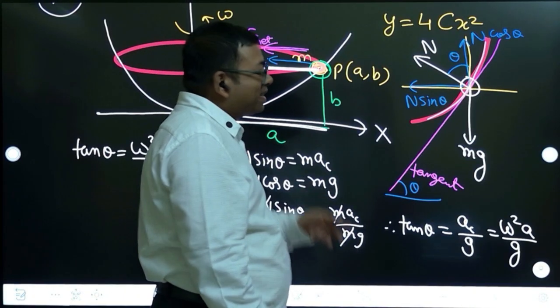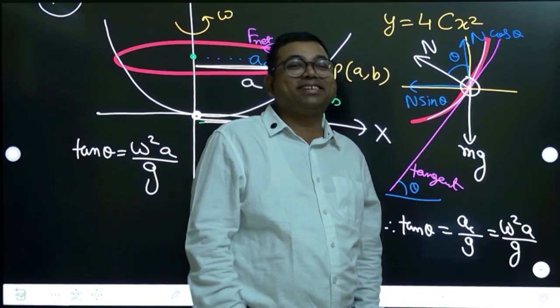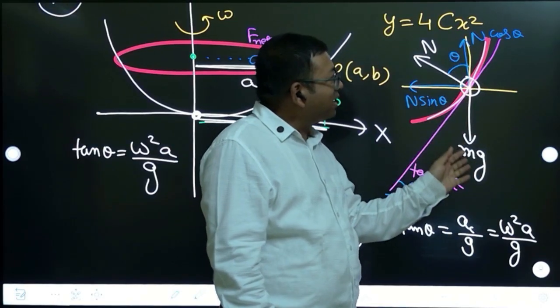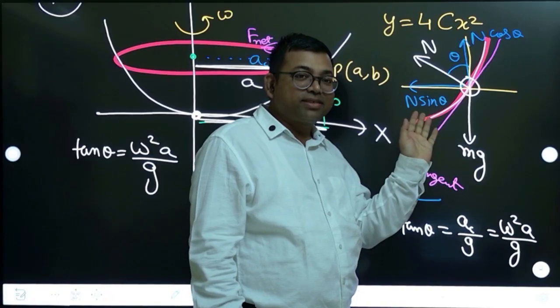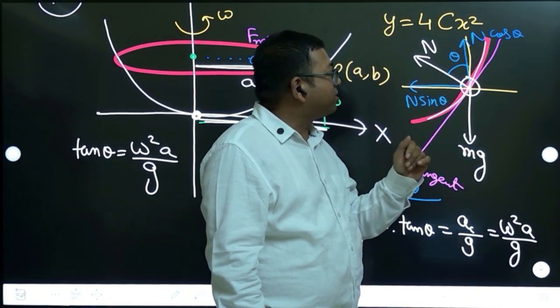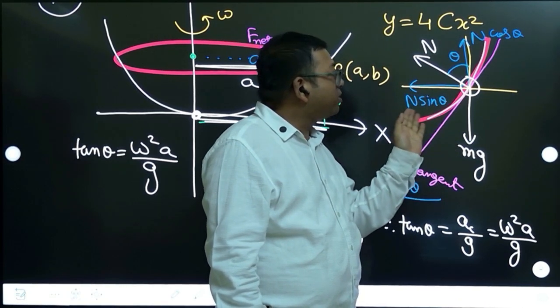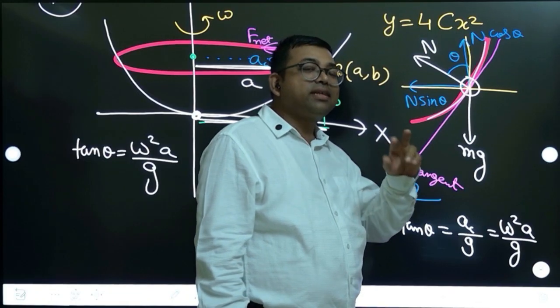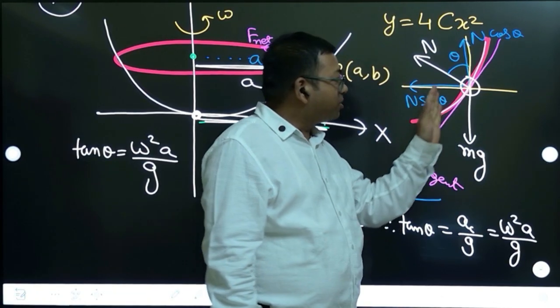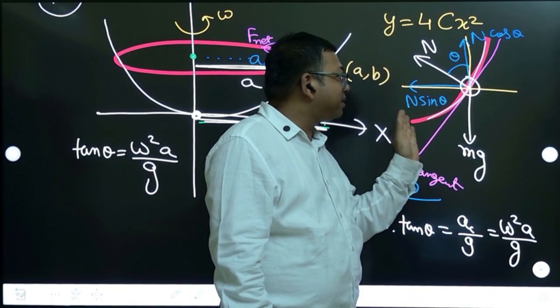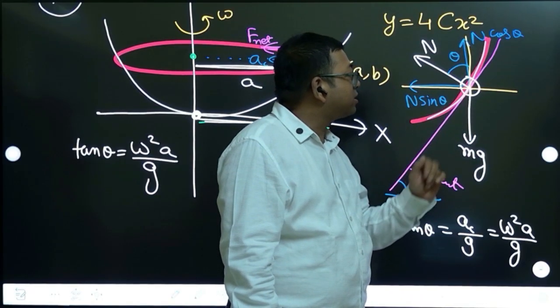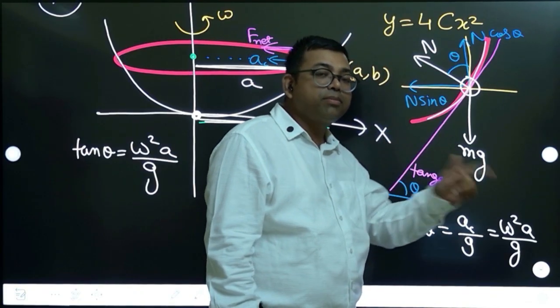That means you are saying tan theta is equal to cot theta, because you are saying mg divided by N sin theta, but mg is equal to N cos theta. So N cos theta by N sin theta will be cot theta.